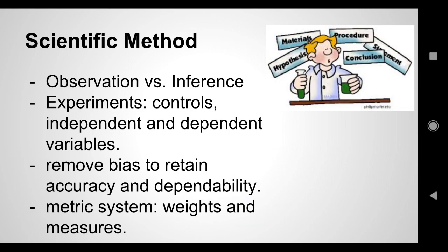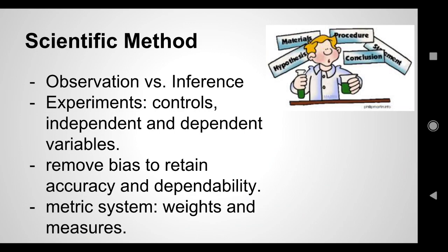When it comes to the scientific method, I think this is a concept that's pretty well understood at this point in high school. It's probably a set of rules and guidelines that you have become familiar with over many years of different science coursework. So one of the things you should be well aware of at this point is the difference between an observation and inference.